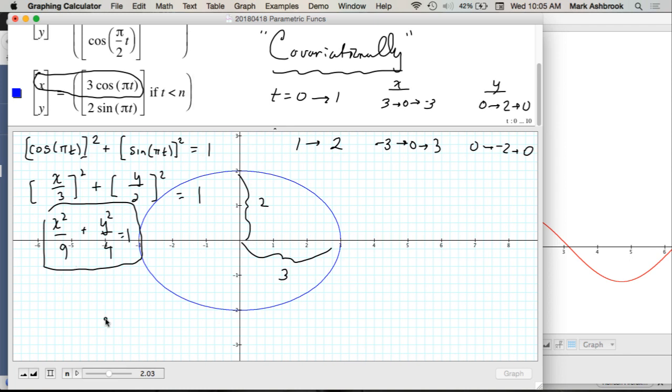And that's exactly what that is right there. But tell the person next to you, what's different about this equation of this ellipse and the original parametric function that we started with? What's the same and what's different, right? What's the same about this parametric function and this equation? And what's different? Go.